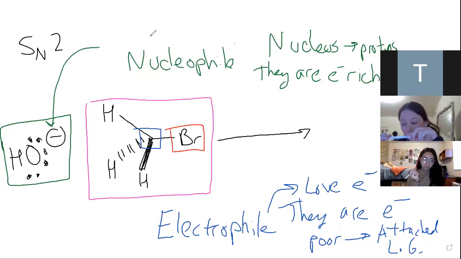Now you can have neutral nucleophiles, and we'll go over that a little bit later, but this is just the idea that this is a dead giveaway. I'm pretty sure you guys have covered this material to a good extent, right? If you want me to speed up, I can, or I can keep going at this pace. No, you're good. Okay.